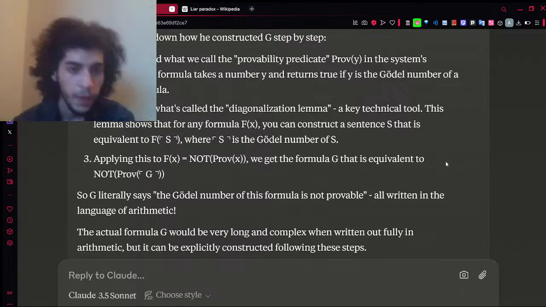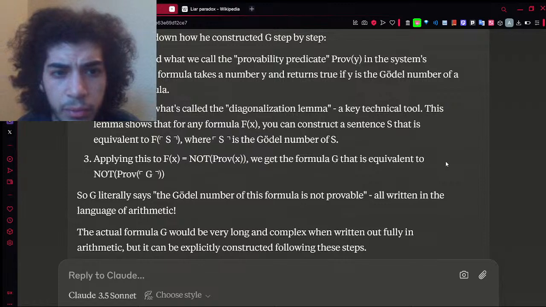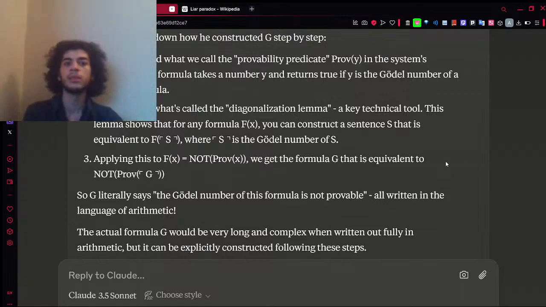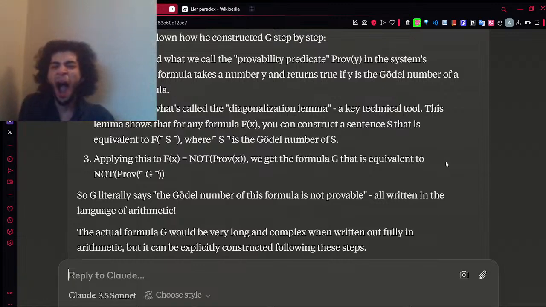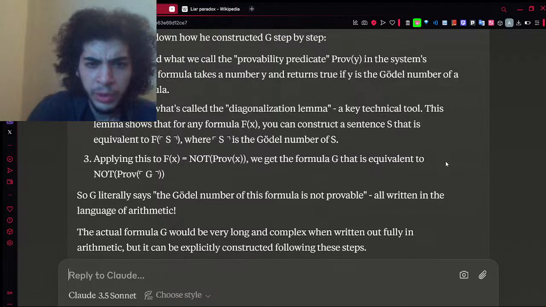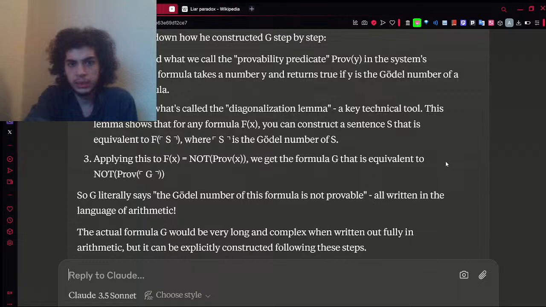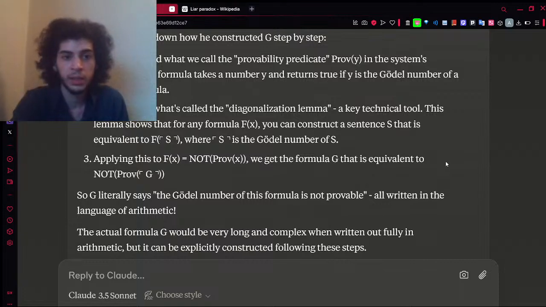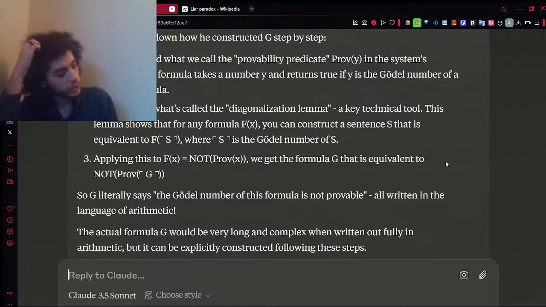Oh, okay, so there is a way to make, for any formula F(x), you can put a sentence S in it to receive the Gödel number of S. For example, let's say F(x) equals x.